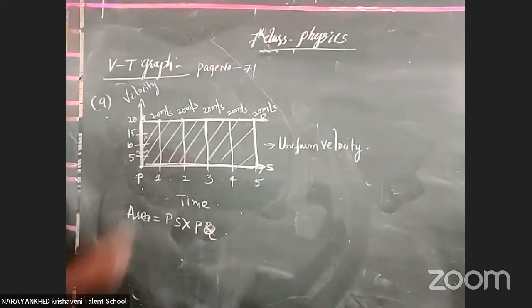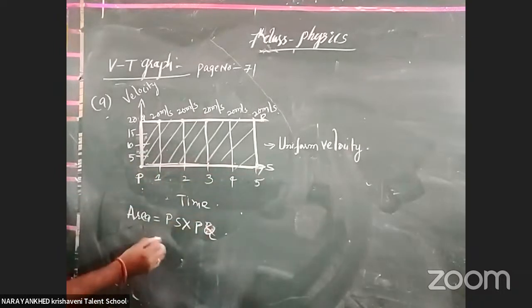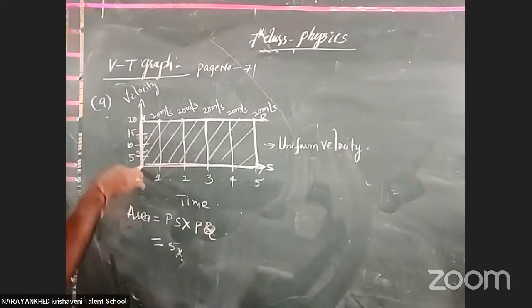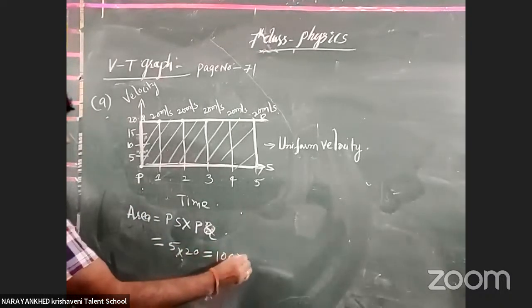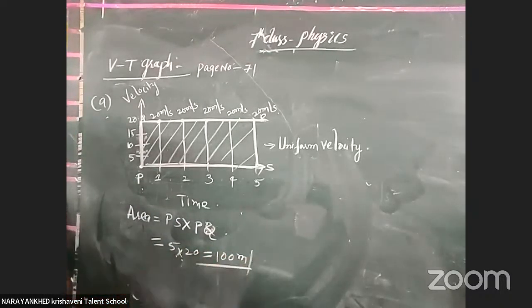What is PS here? It is taken as 5. What is PQ here? 20. Now what does it become? 5 times 20 is 100 meters.